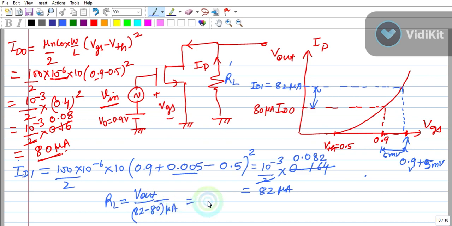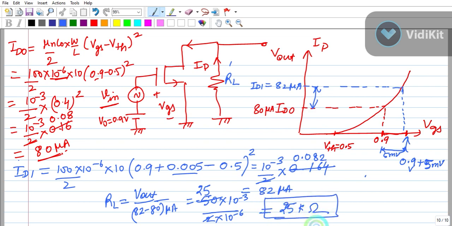Means V out is equal to 50 millivolt minus 3 and below 2 into 10 raised to power minus 6. So let's divide it, 25, and this will be 25 kilo ohm, which is good. So like this you can bias the MOSFET.